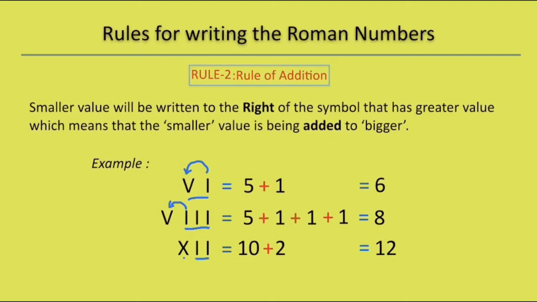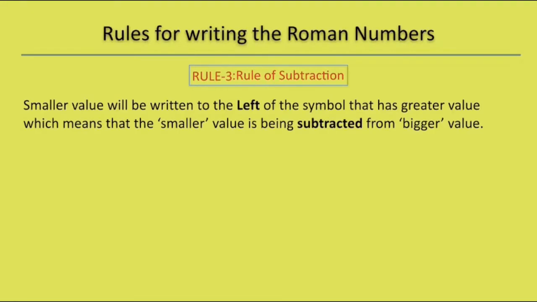XII, the smaller value is on the right side of the greater value X. So you will add 2 to the greater value 10. You will get 12.